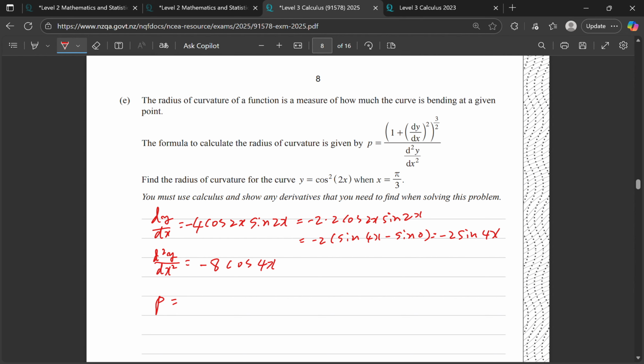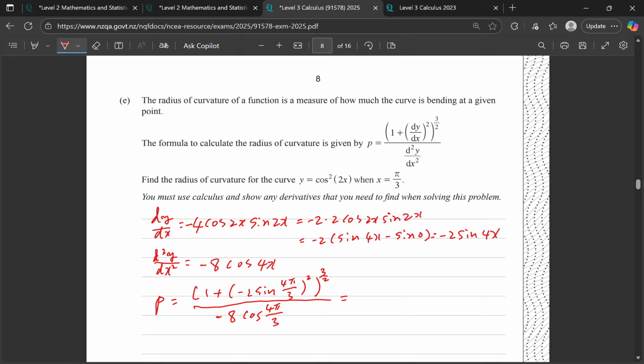Because x is pi over 3, first of all, I'm going to write 1 plus dy/dx when x is pi over 3. So that means minus 2 sine 4 pi over 3, squared, and then to the power of 3 over 2, over minus 8 cosine 4 pi over 3.